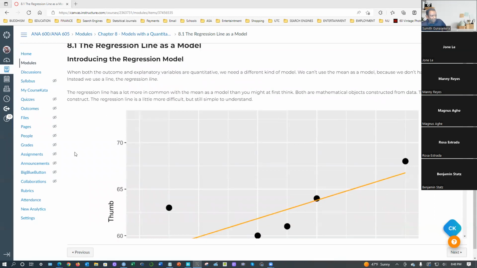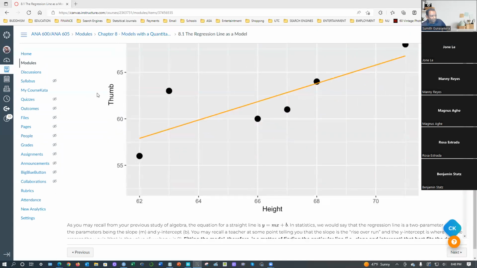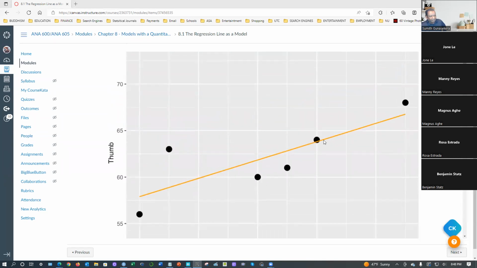As I mentioned earlier, when we come back to the basic one here, thumb length has been explained by the height. Look at all these dots. Now why do we use a straight line? Why can we not combine these line segments, two at a time?